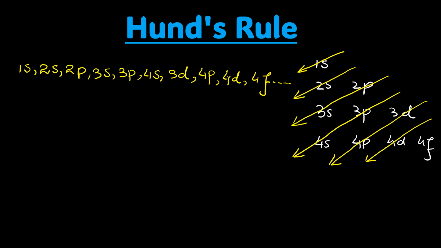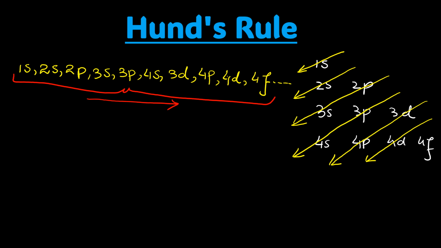So the filling of electrons is on the basis of increasing energy of the orbitals, and orbital energy increases from left to right, from the 1s subshell to the 4f subshell.